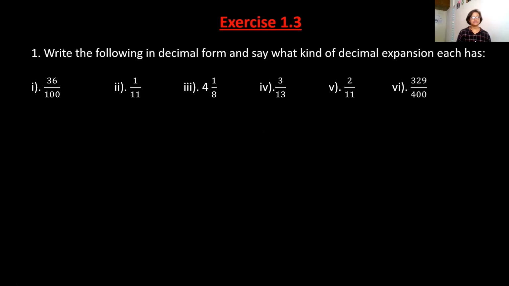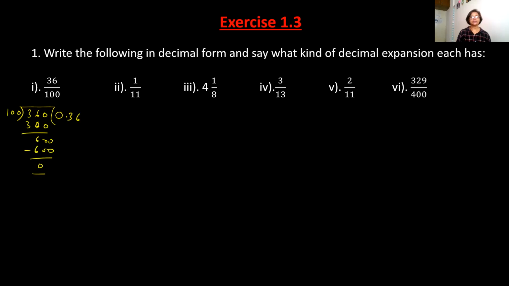First is 36 divided by 100. So 100 is dividing 36 here. We will start by putting the decimal. 100 threes are 300, and then you will get remainder 60. Again, you will add one more zero and it will come 600.